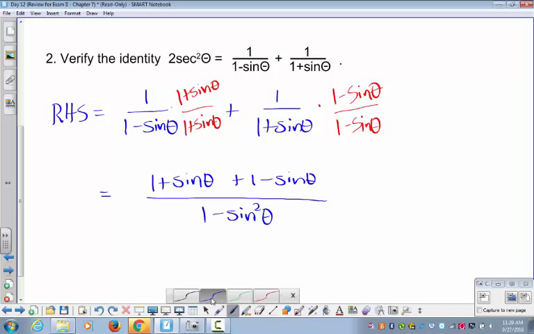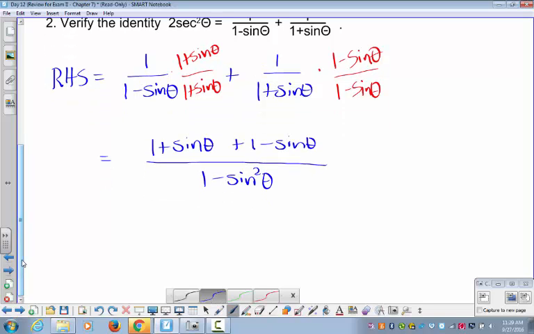So I'm going to just combine the numerators. The numerator on the left is 1 plus sine theta. The numerator on the right is 1 minus sine theta. The common denominator is 1 plus sine times 1 minus sine, and that multiplies together to 1 minus sine squared. And what happens in the numerator? Just turns into 1. 2, sorry.